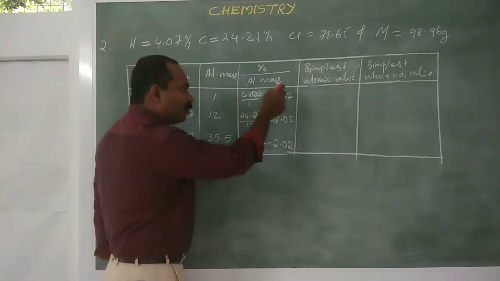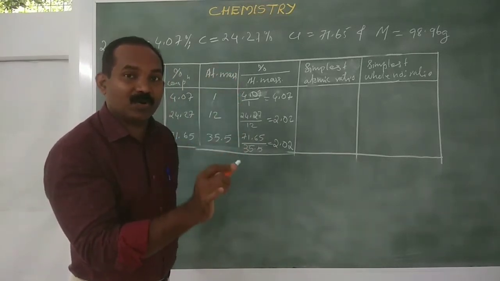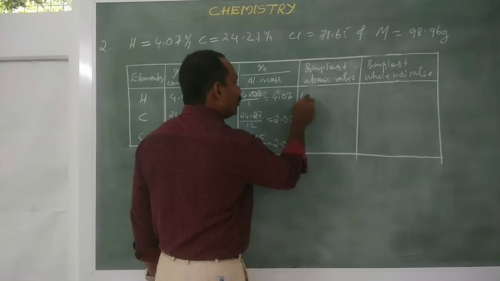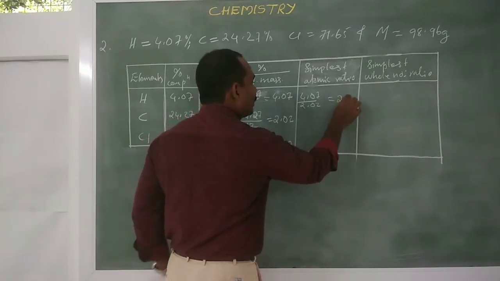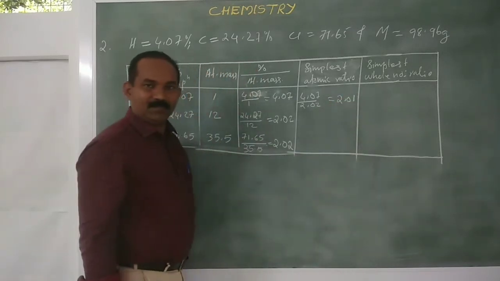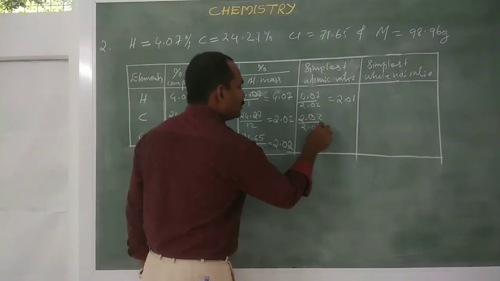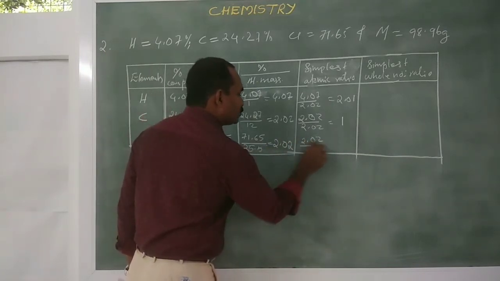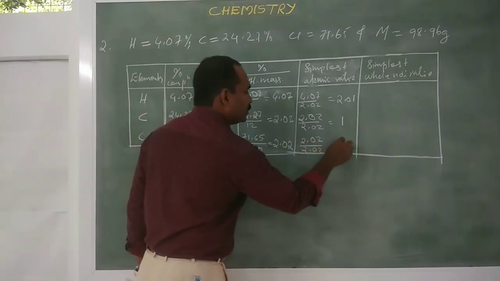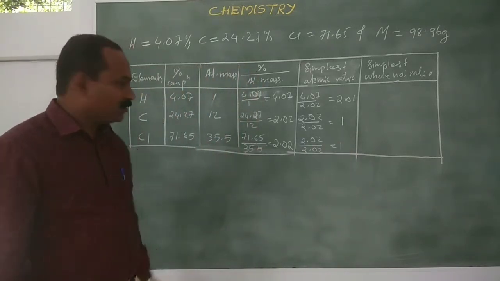So divide all the values by the smaller number. 4.07 by 2.02 is 2.01. Then 2.02 by 2.02 is 1. Again 2.02 by 2.02 is 1. Very clear, very simple.